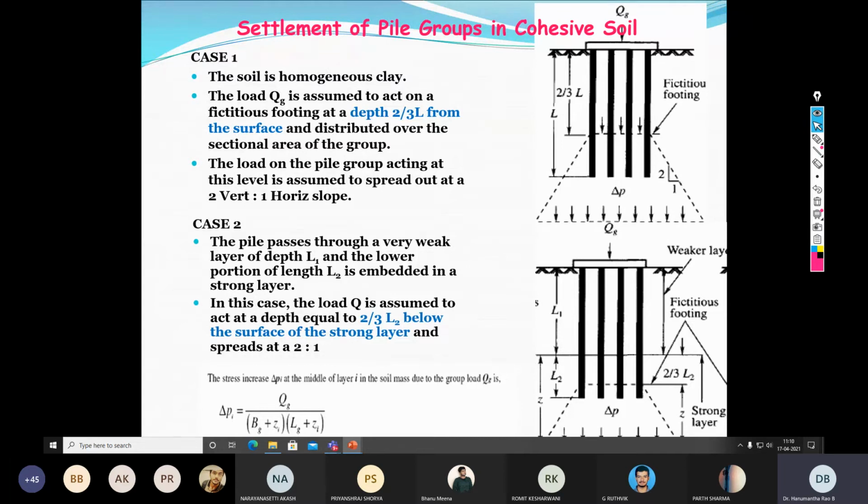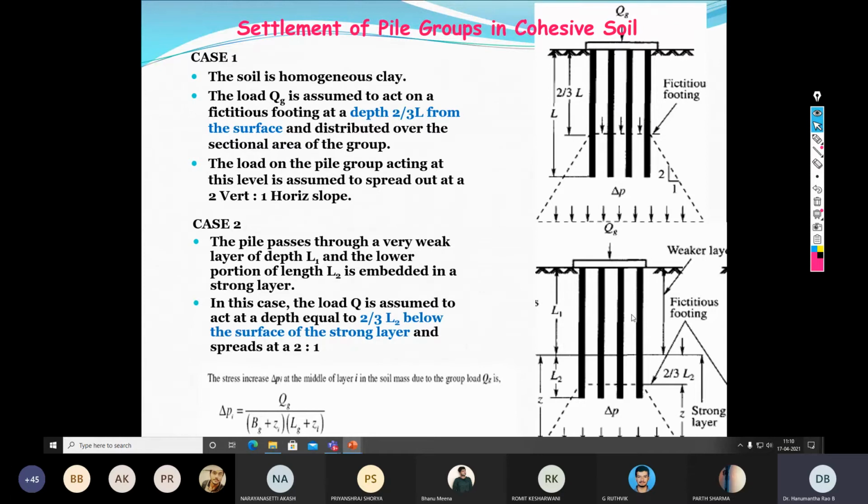The stratum L1 is a weak soil layer that doesn't contribute any skin friction, and only the length L2, within which the pile is embedded, contributes to the skin friction. Therefore only the layer L2 is accounted for in the consolidation settlement calculations. So in this case, the location of the fictitious footing is assumed at a depth of 2/3 of L2 only. The L1 is completely ignored.